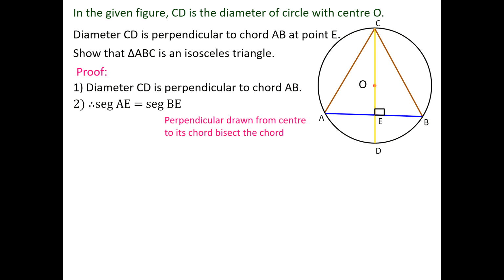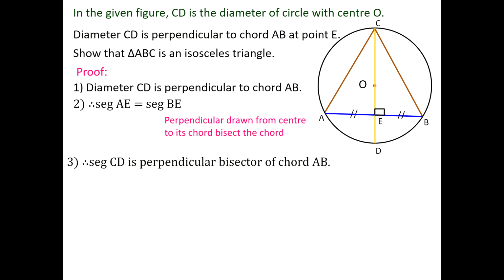Therefore, we get seg AE congruent to seg BE, which we indicate by identical sign. Now, what this shows is that CD, which is a diameter, is perpendicular bisector of chord AB. Now it has become perpendicular bisector. Previously it was only perpendicular.